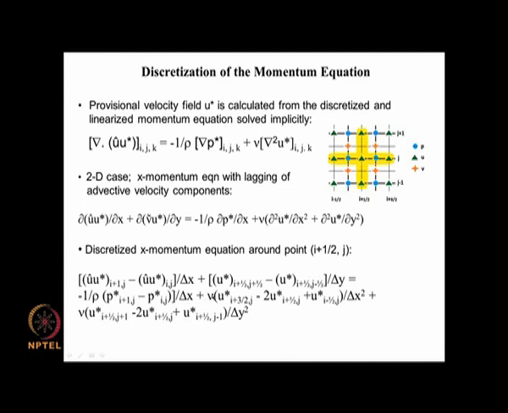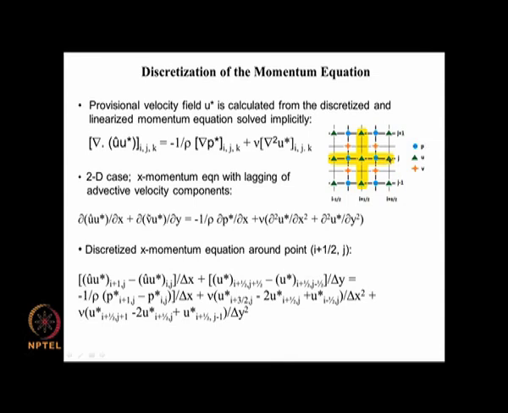Now, what is remaining for us is the advection terms here. You have u star, u tilde and u star at I plus 1 j, and I plus 1 j is this point here. Now, here we have a problem, because we do not know what the u value is at this point. So, we interpolate this value as this plus this divided by 2.